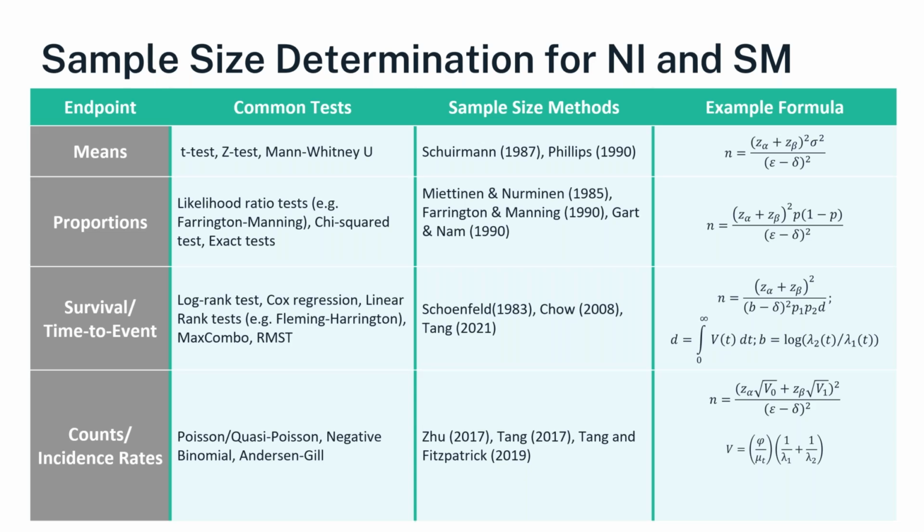However, when you move into non-normal endpoints, things aren't going to be as easy, and that's mainly due to this variance location independence not being the case for these endpoints. If you take proportions, for example, the variance depends on the value of the proportion, so the shifting impacts the variance as well as the power and sample size calculations.